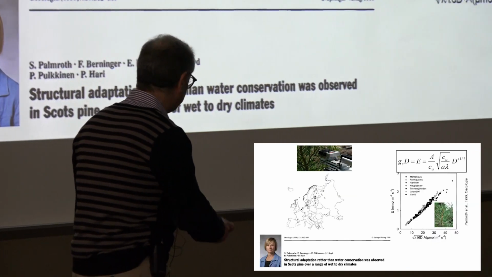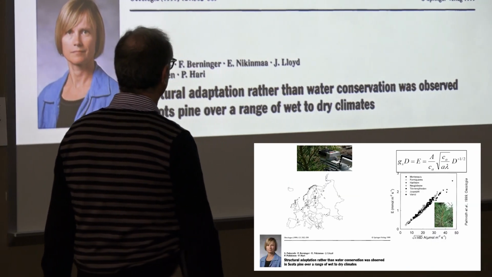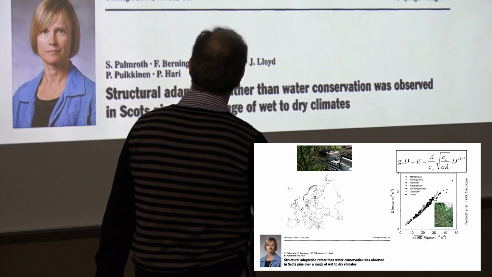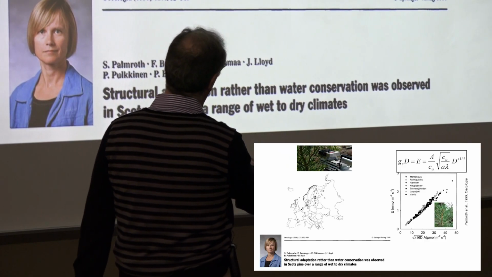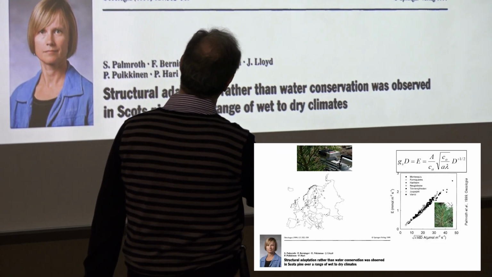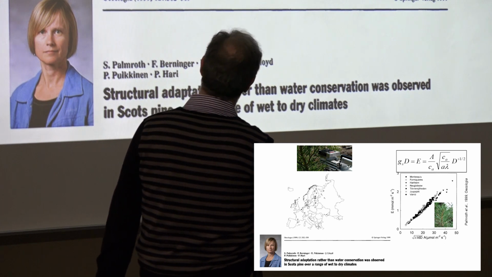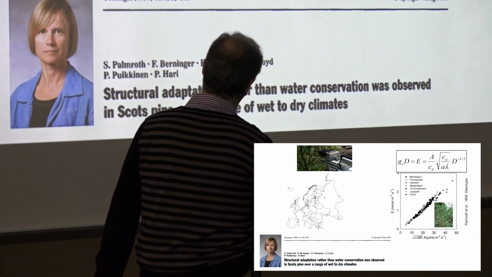The answer is yes. My colleague Sari Palmroth did a lot of work on Scots pine, where she actually sampled gas exchange. So you clamp the needles and you measure basically CO2 and water vapor across a climatic gradient.